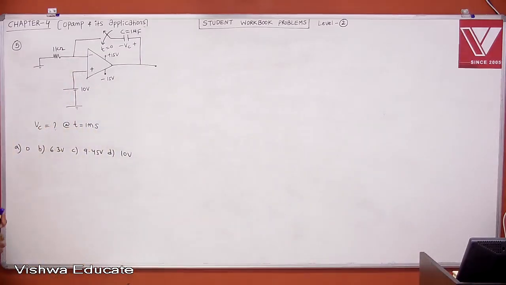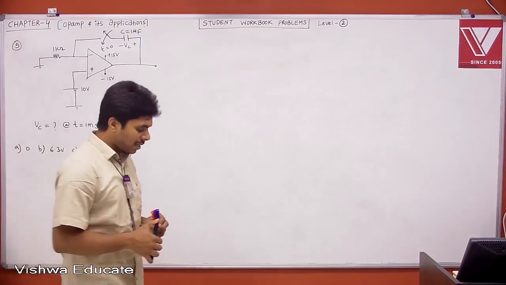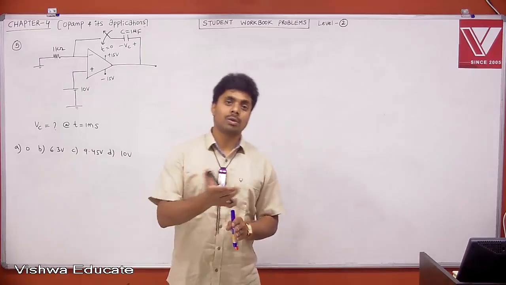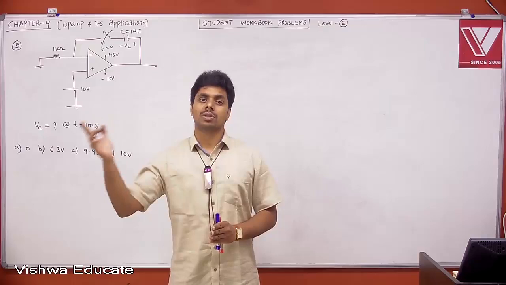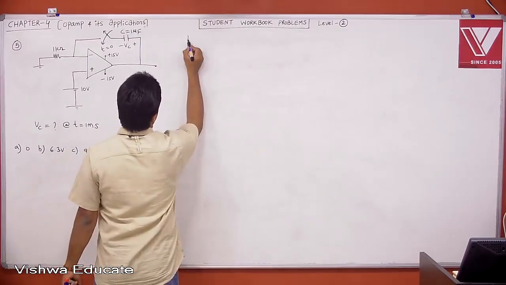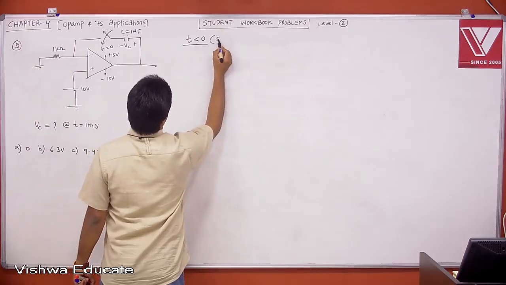Now listen, first of all, if the problem is associated with a switch, we should identify the status of the circuit before closing the switch, then exactly at the time of switching, and after closing the switch, right? Therefore let me analyze. For t less than 0, the switch is not closed, therefore the switch is open.